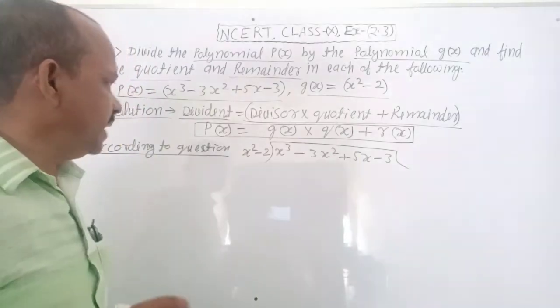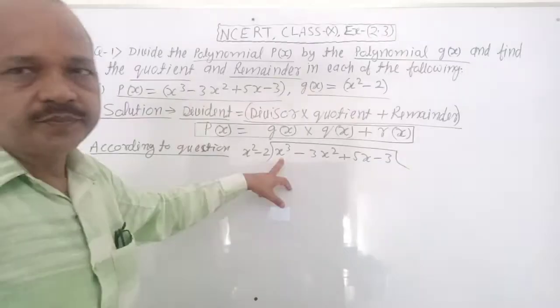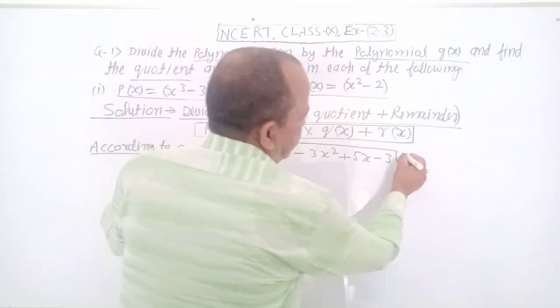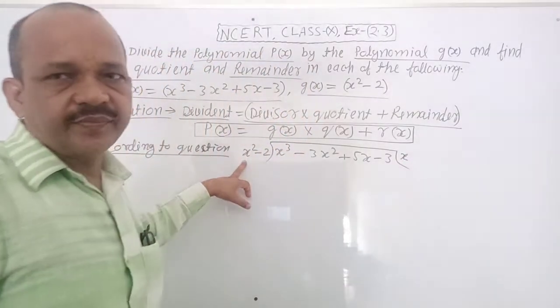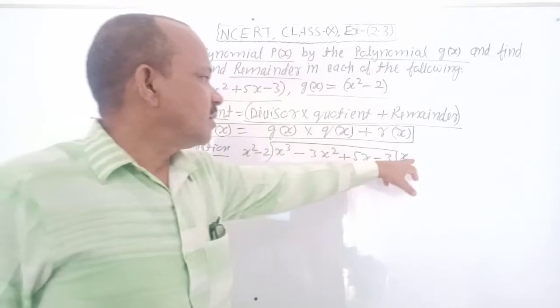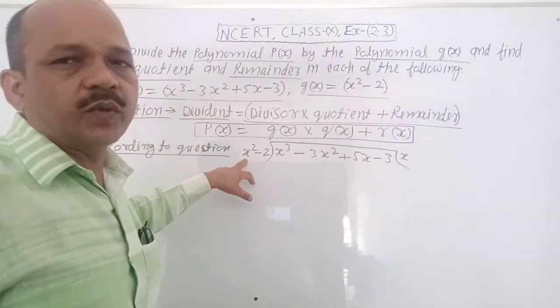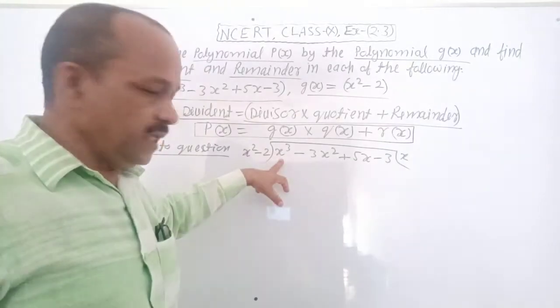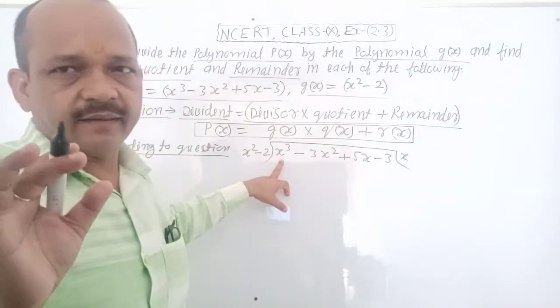Here x cube and here x square. It means here you can write x. If you multiply x and x square, then it becomes x cube. It means your process is correct.